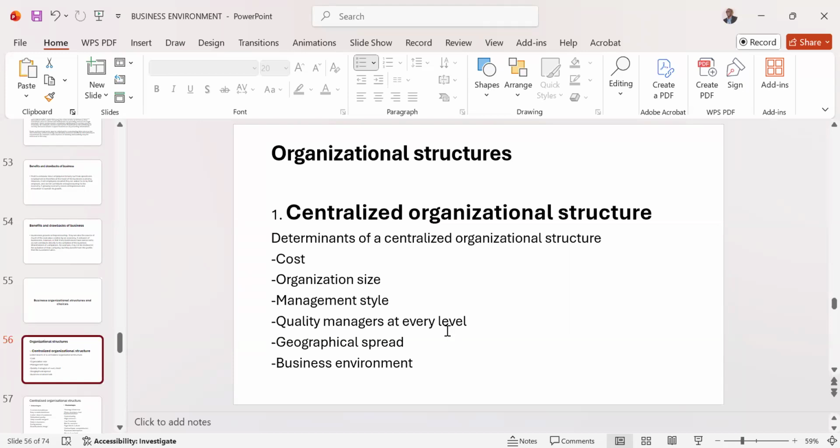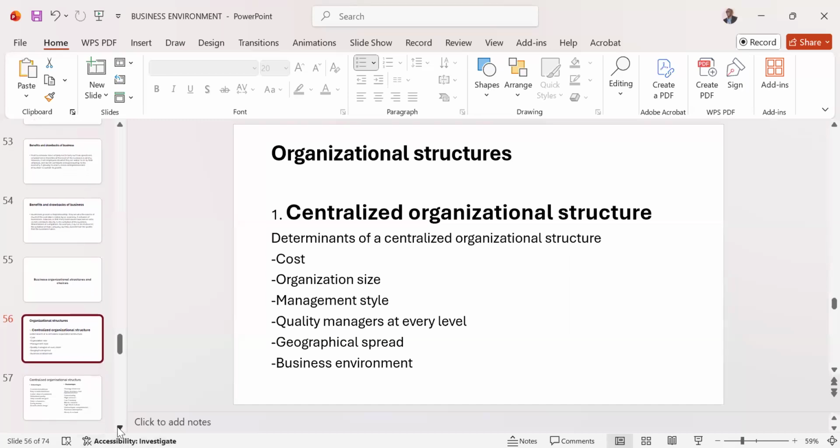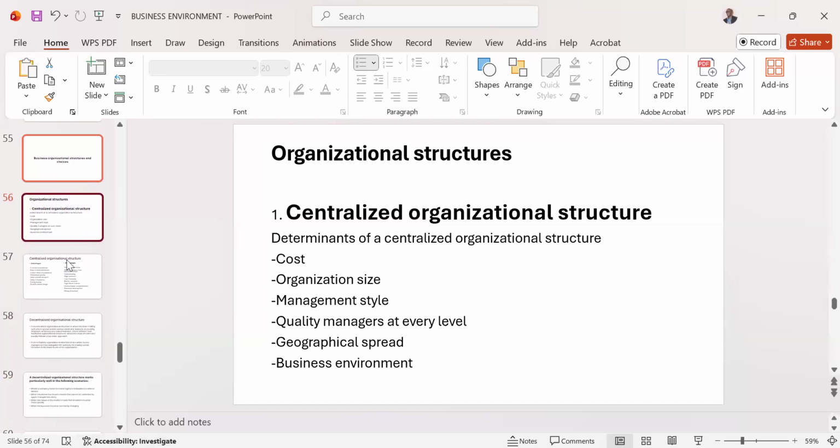They will keep telling you the policy of the organization, the policy of the organization. So the business environment might not really be that friendly, because everybody is just trying to do their own job. So that's what happens in a centralized organization structure.